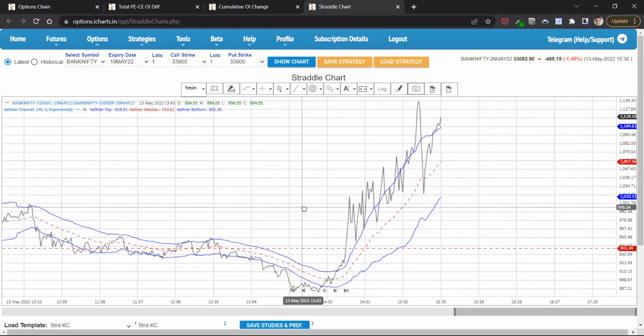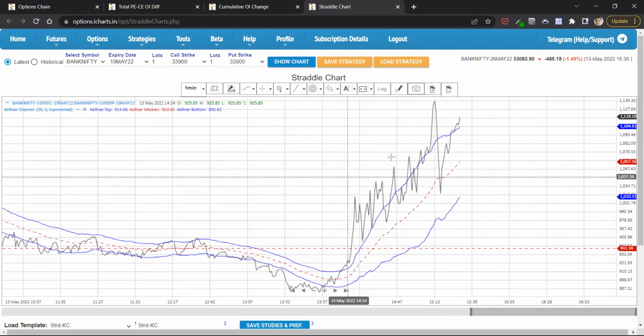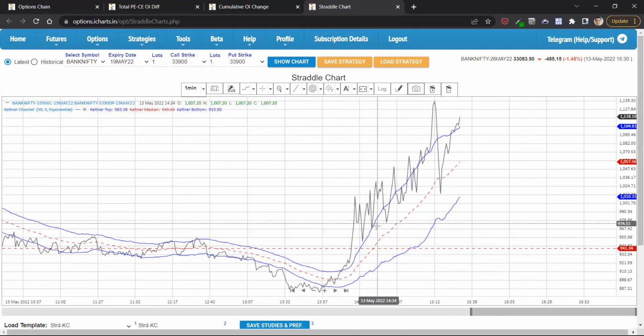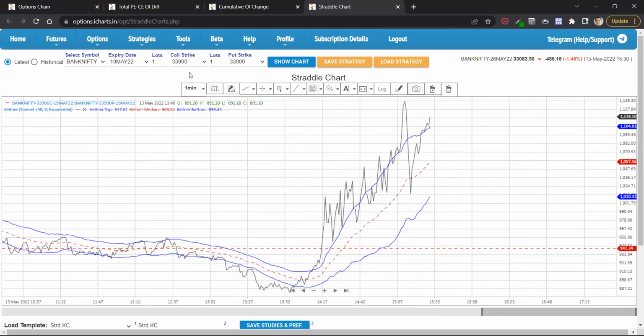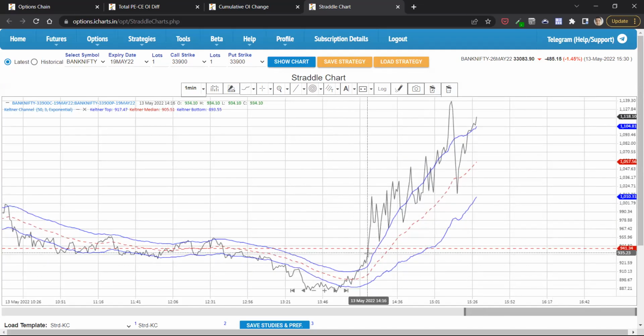Because if you are an options buyer, you need your straddle to move huge. Only then it means that the volatility has shot up and your option buying is going to be successful. So keep monitoring at the money or close to the money straddle, from morning onwards or whenever you are trading.